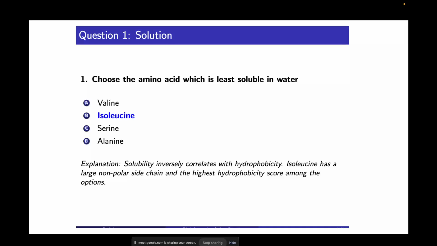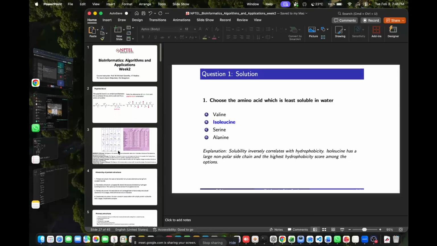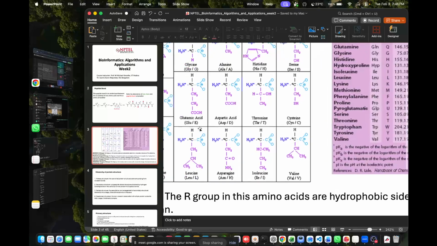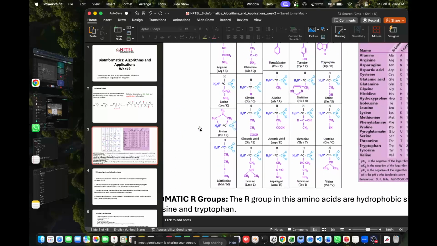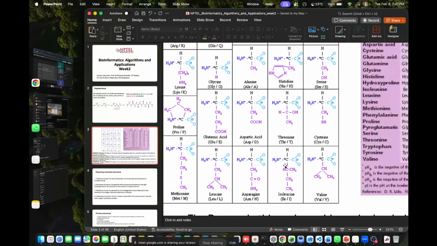Yeah. Okay. So I wrote these explanations by myself. Just wanted to tell you, in terms of hydrophobic and hydrophilic, basically isoleucine. Where is isoleucine? Yeah. So you have this long hydrocarbon chain.